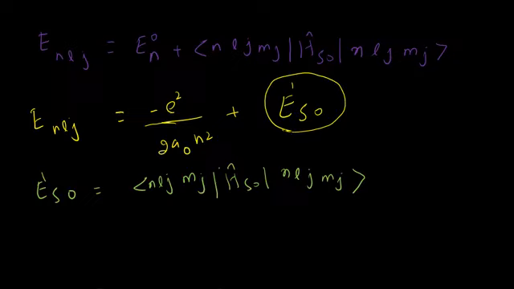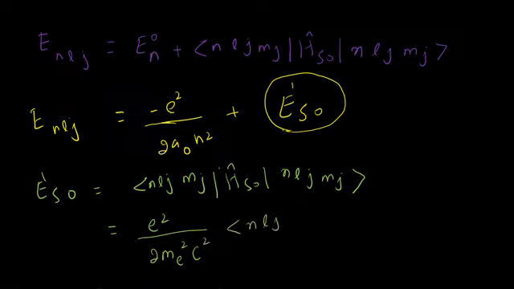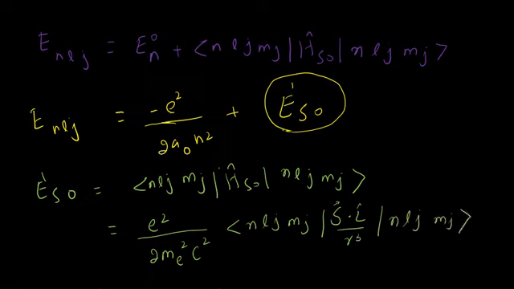Now put in the value of this spin-orbit coupling. We can write it like e square divided by 2 m e square c square into <n l j m_j| s dot l over r cube |n l j m_j>.